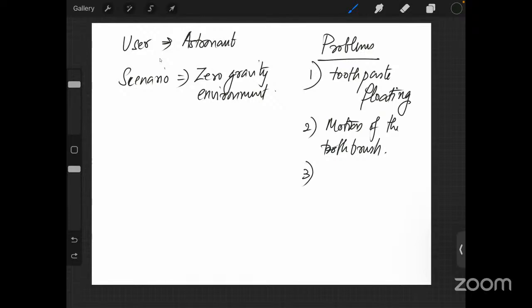The importance of the user or the scenario. It's the scenario over here which is important. Whoever the astronaut is, in a zero gravity environment, we'll have these kinds of problems, irrespective of the user preference. That's a normal, healthy person over there.